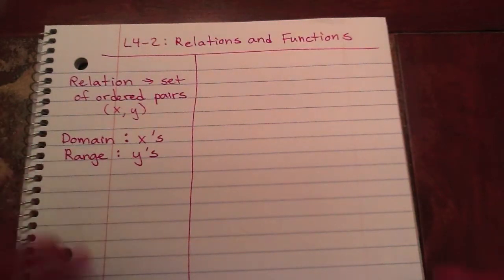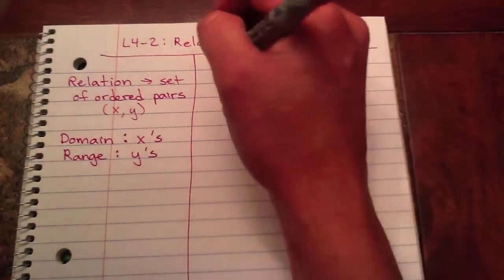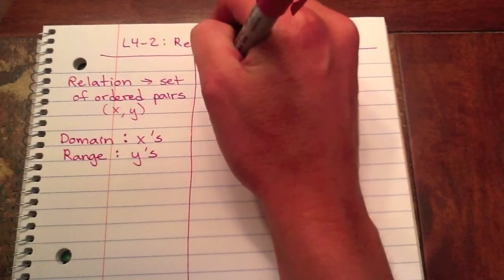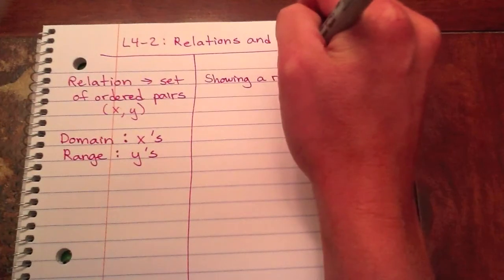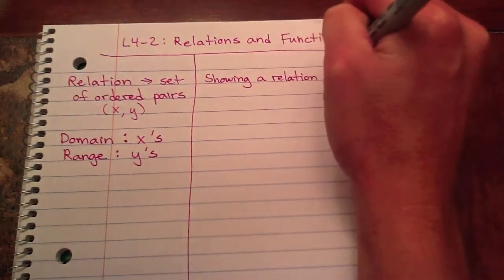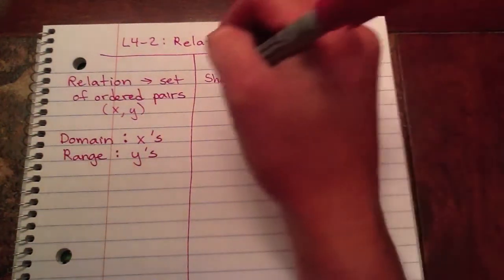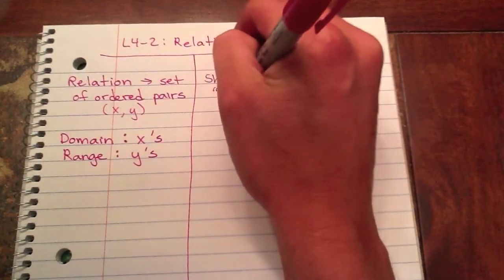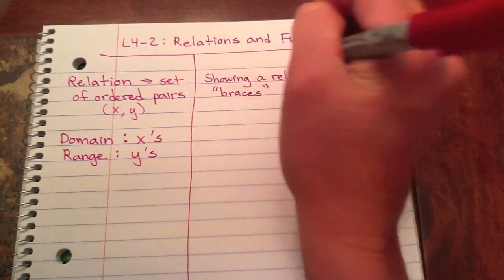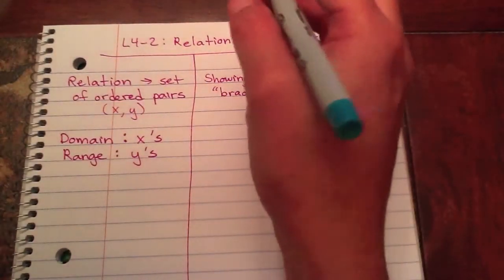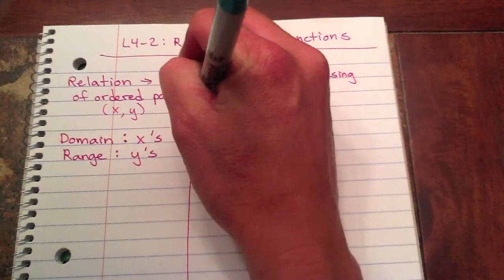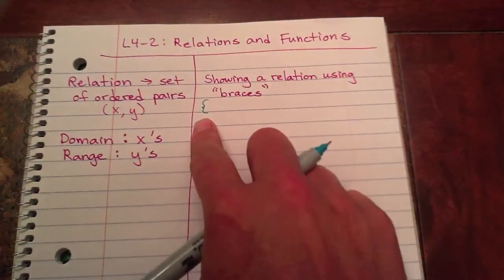So one way that they show relations is using braces. And this is an example of a relation. There's a brace, and you're just going to have to practice them.